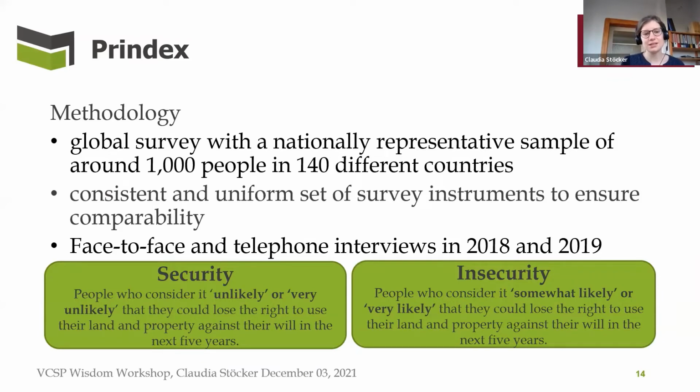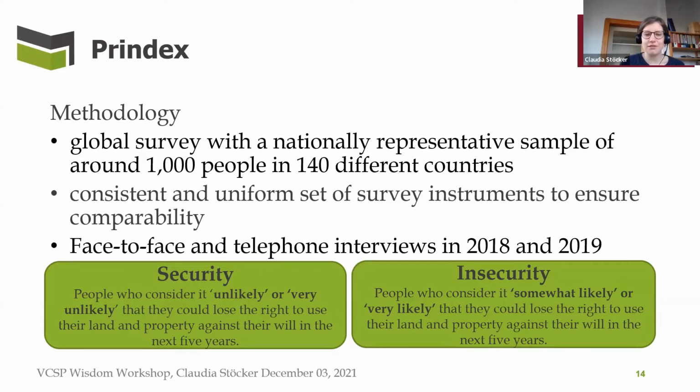They collected this data face-to-face or via telephone interviews in 2018 and 2019. And their heading question is, now I quote, "In the next 5 years, how likely or unlikely is it that you lose the right to use this property or part of your property against your will?"